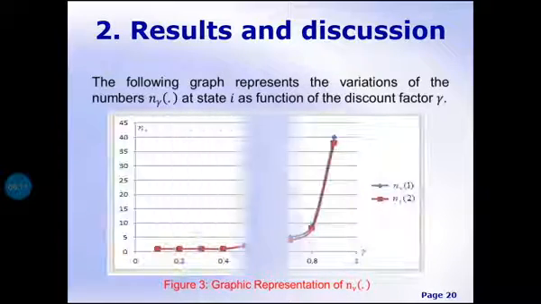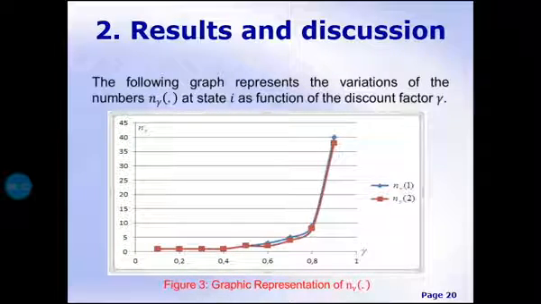By transforming the previous table into a graph representation, we get, in this context, the indicator of actions eliminated at each iteration increases when the discount factor gamma increases.